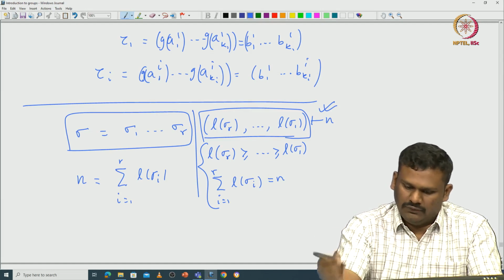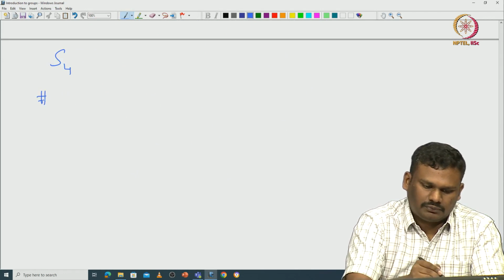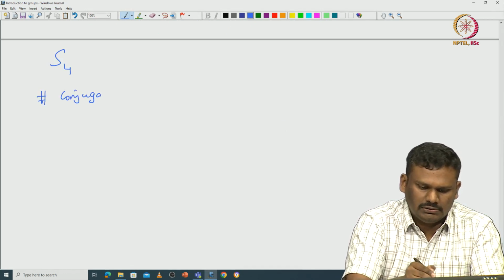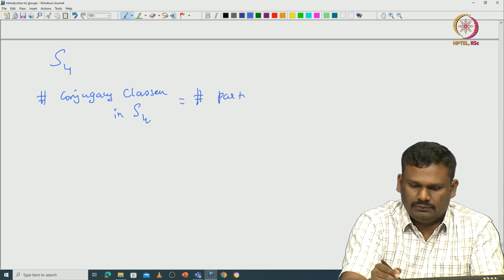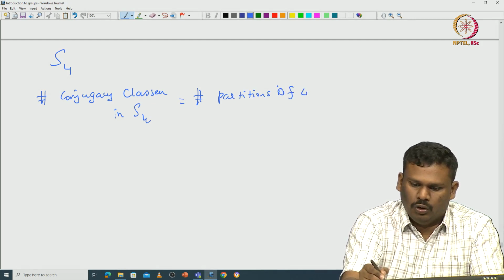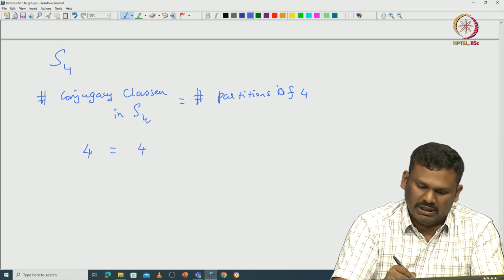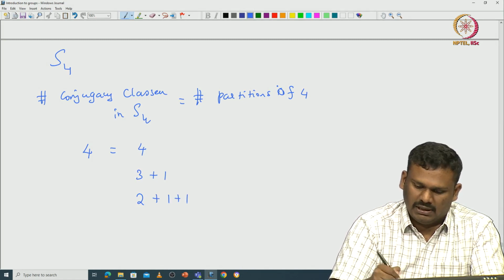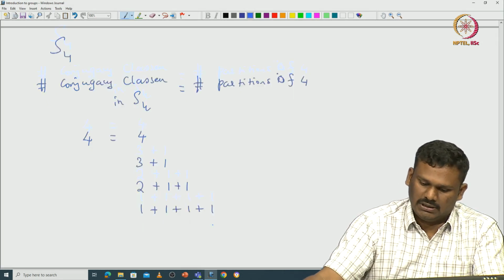Okay. So for example, if we take S4, the number of conjugacy classes in S4 is going to be the number of partitions of 4. You can see that 4 can be partitioned as follows. 4 is one partition, 3 plus 1 is another partition, 2 plus 1 plus 1 is another partition, and 1 plus 1 plus 1 plus 1 is again another partition.